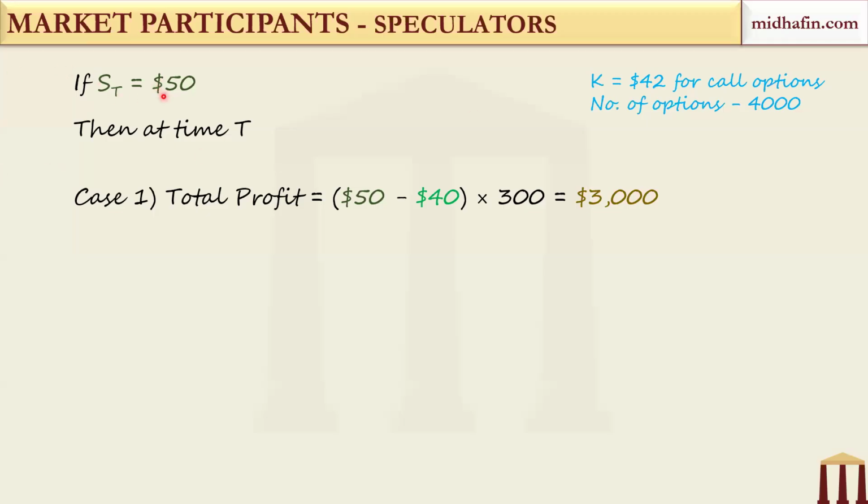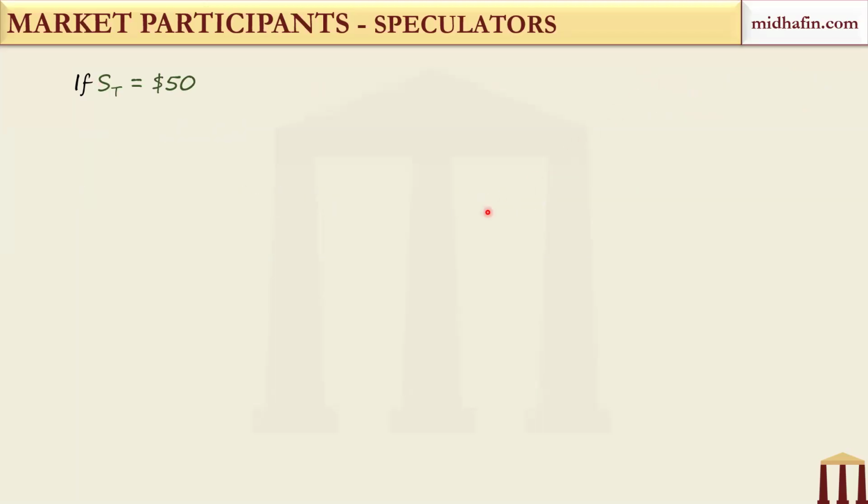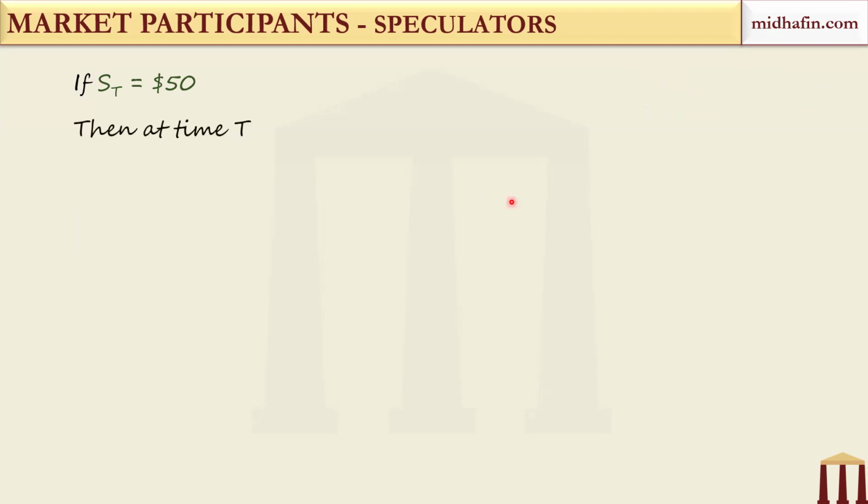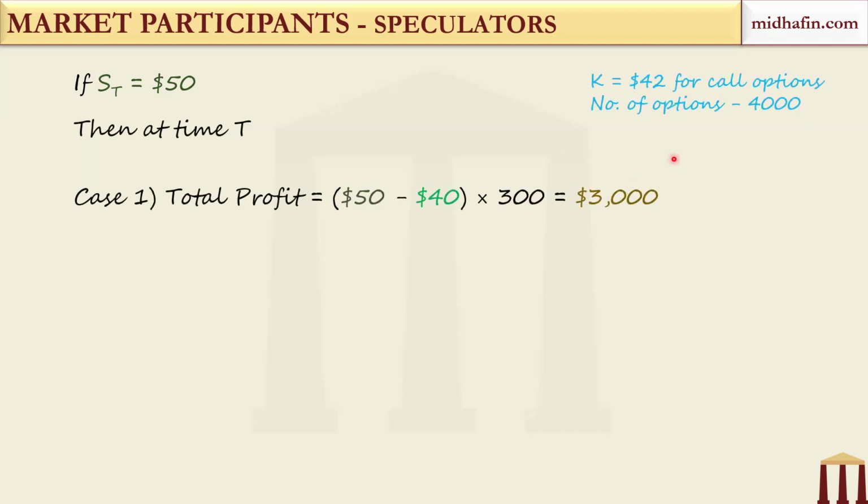Because ST is 50 and K is 42. The strike price was given as 42, not 40. See, S naught is 40, but K was 42. This was given to you. So $8. Since you have 4,000 options, 32,000. Total payoff 32,000. Very good.